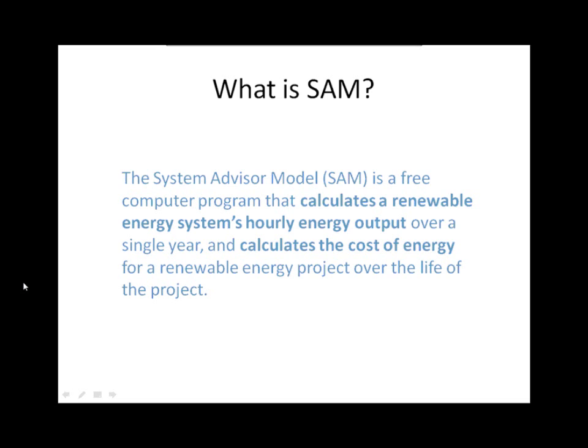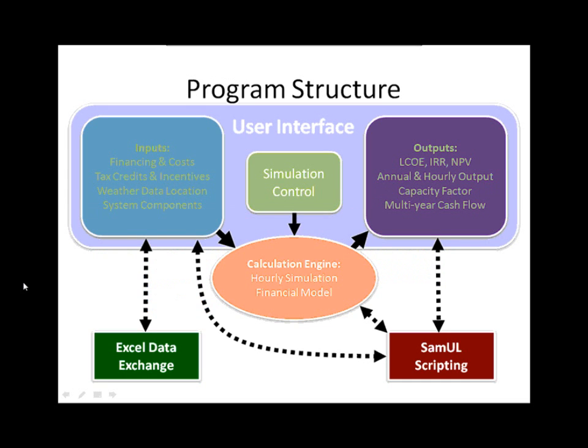Here's a diagram of the structure of the program. There are basically three conceptual parts to the software. There are the input pages, which we'll see in a moment, and then there are the model results, and then there's a simulation engine that makes calculations based on the input variables and reports the results.